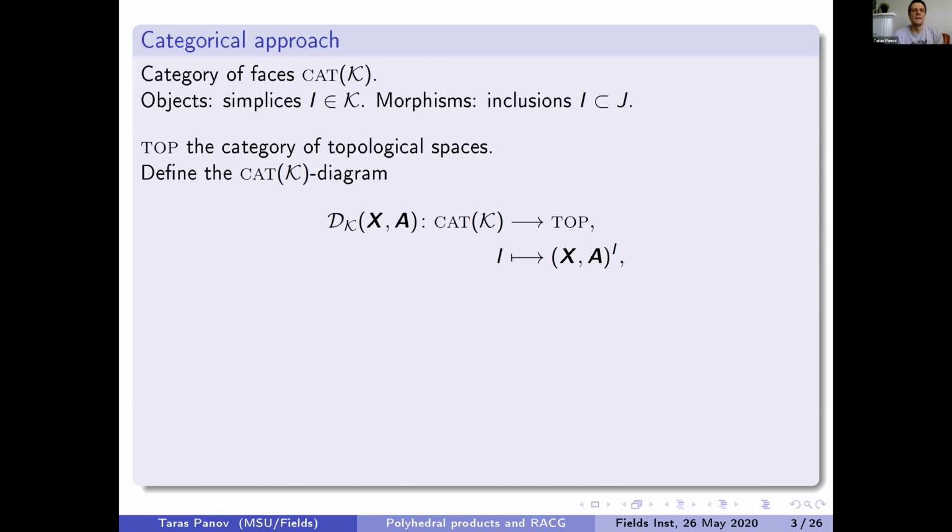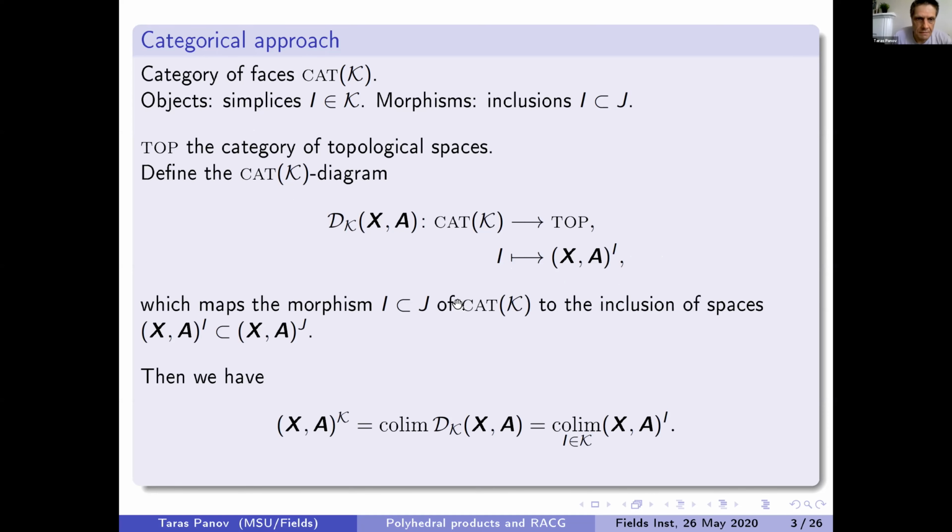We look at the diagram, the functor from the small category to the big category, which takes a simplex I to this product of X's and A's determined by I. Obviously, because everything is pointed, whenever you have a morphism, you also have an inclusion of the corresponding spaces. So it's a functor, and then you can say that the polyhedral product is a colimit of this diagram.